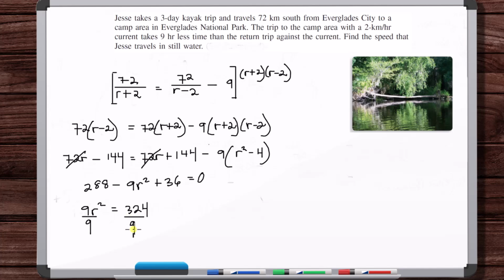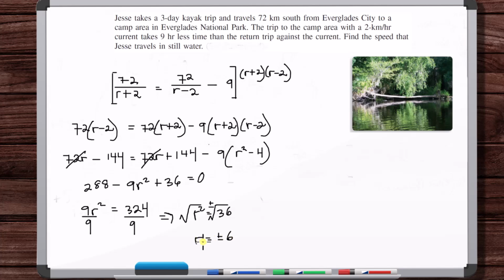So we divide both sides by 9. Okay. So R is equal to plus or minus 6. Now, remember, we're solving a rational equation here. Before we think about the word problem, let's fully solve it.